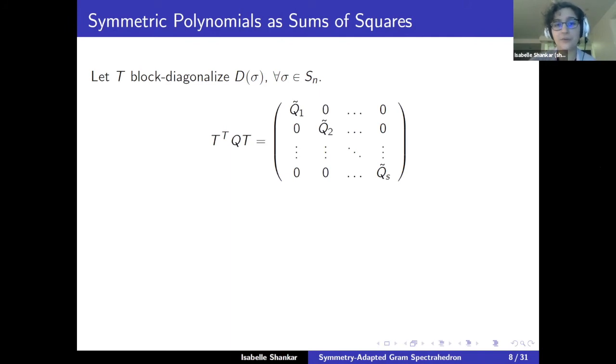So what do we use this for? Not only does it block diagonalize our matrix representation D sigma, it actually turns out that once we've done that original reduction where our Q matrix commutes with our representation matrices, T also block diagonalizes our Q matrix, our Gram matrix.